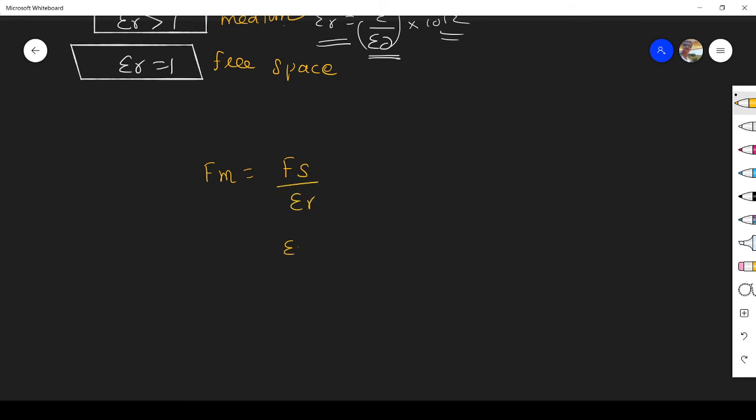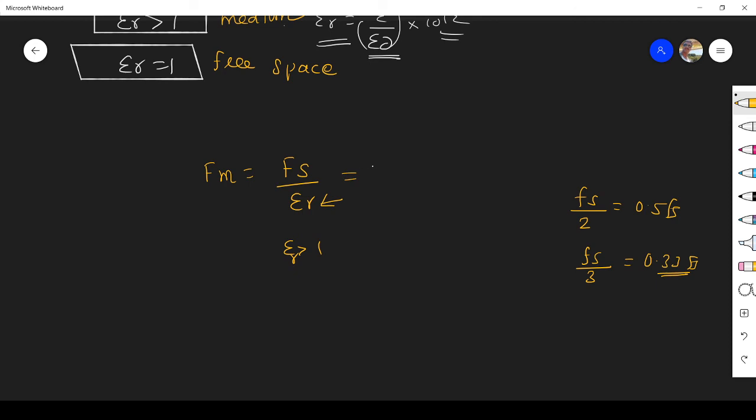I told you epsilon r is always greater than 1. So the denominator is greater than 1, which means surely the value will be less than Fs, right? For example, if epsilon r is 2, it is 0.5 Fs, half of Fs. If epsilon r is 3, it is 0.33 Fs, 1/3 of Fs. 1/4, 1/5, like that it will go.